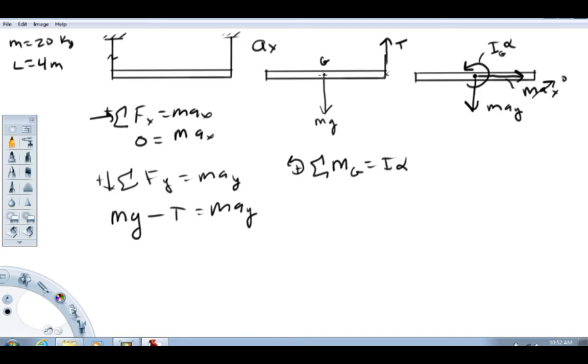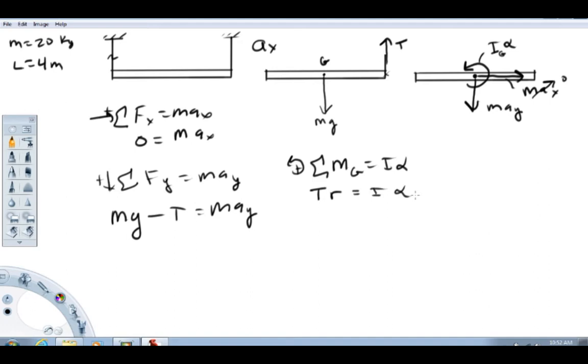Summing moments about G yields only one term, because the line of action of the gravitational force goes right through G, so there's no moment arm. We have T times r, and that moment term is positive because the tension makes this beam want to rotate counterclockwise about G, which I call positive. The right-hand side equals I alpha.